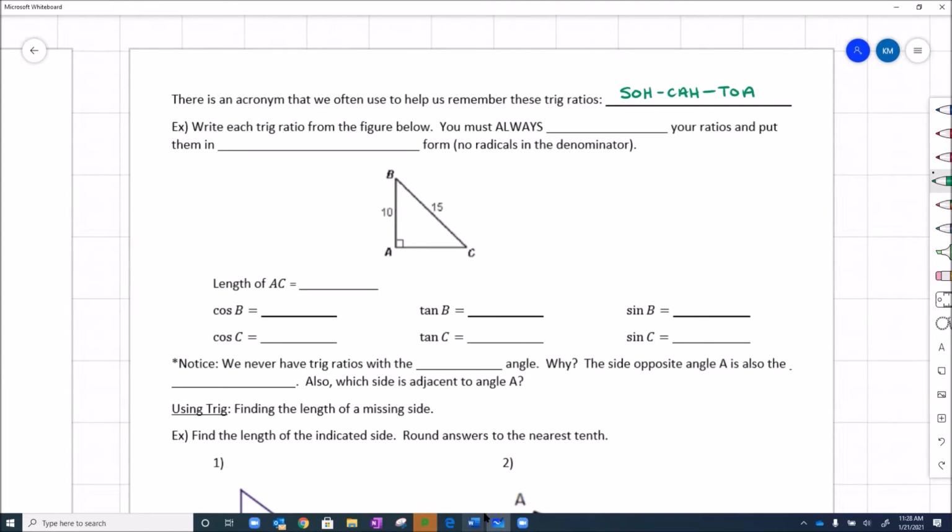This acronym just tells us basically how our ratios are set up. Sine is opposite over hypotenuse. Cosine is adjacent over hypotenuse. And tangent is opposite over adjacent.